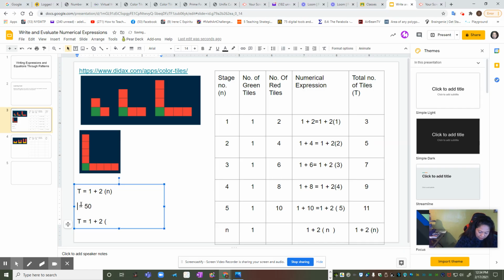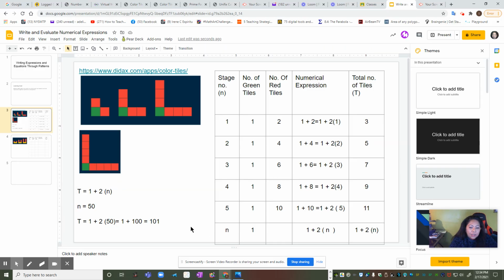Okay, I'll make it small. The value of n is 50. So therefore, let's evaluate. 1 plus, we have to multiply 2 times 50, which equals 100. Then I have 101 tiles, total tiles for stage 50.